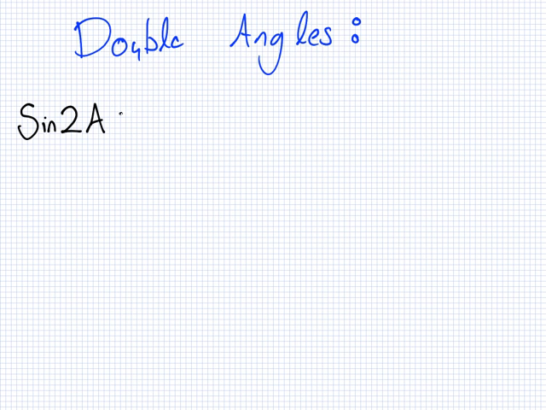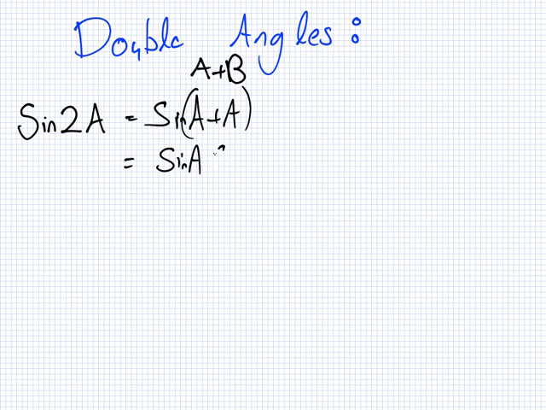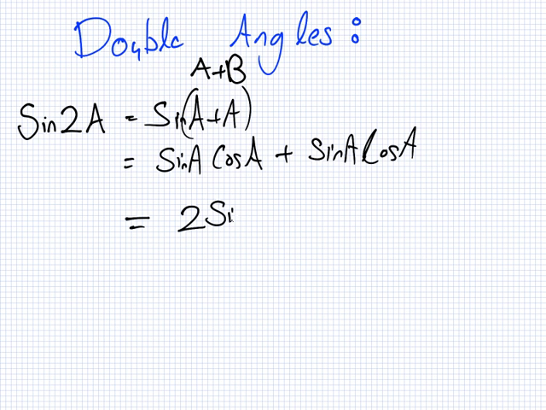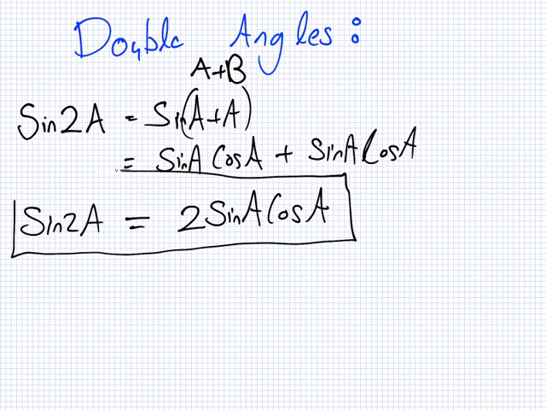But you realize that you can change this into sine A plus A, because that's 2A. And then you can use your compound angle formula for sine A plus B, where it's sine A cos B plus cos A sin B, but B is A here, so you end up with the result 2 sine A cos A is sine 2A. So this is our first double angle formula, one of 3 formulas.